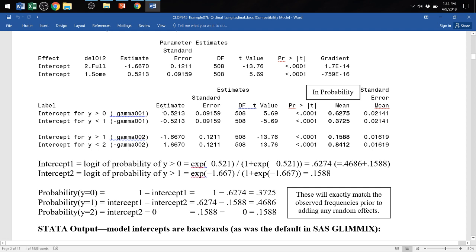So then down here, the logit of greater than 0, meaning that they have either some or full delirium in this story, translates into a probability of 0.63. That means the logit that they have a 0 instead translates into a probability of 0.37. So each of these submodels sums to 1, right?